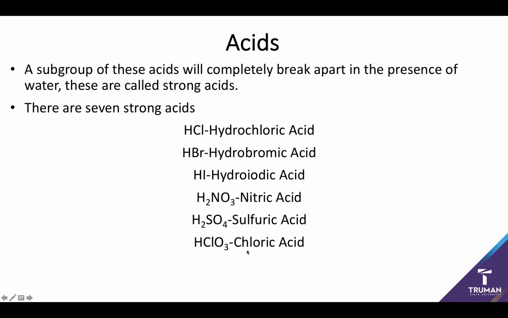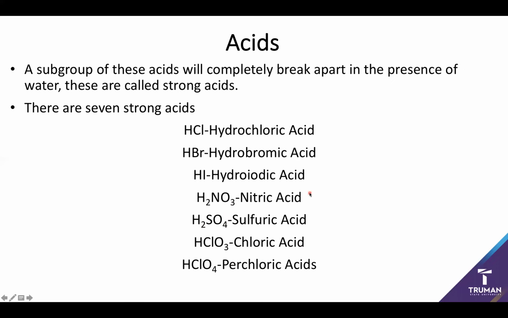So chloric and perchloric. Because again, when we have these groups towards the edge of the periodic table with nitrogen, sulfur, and chlorine, these tend to be very good acid groups. So for the oxyacids, nitric, sulfuric, chloric, and perchloric. Together, these give us our 7 strong acids.